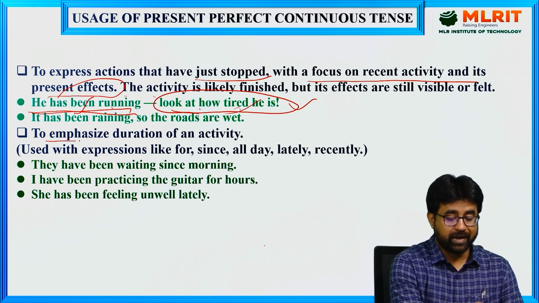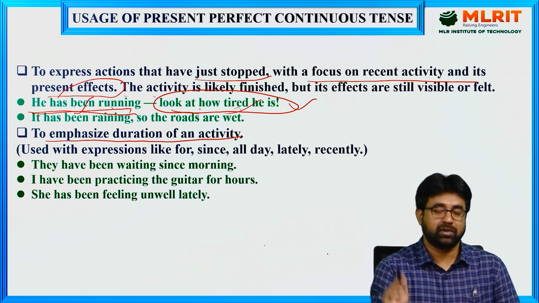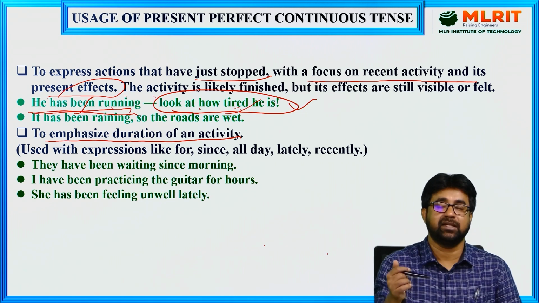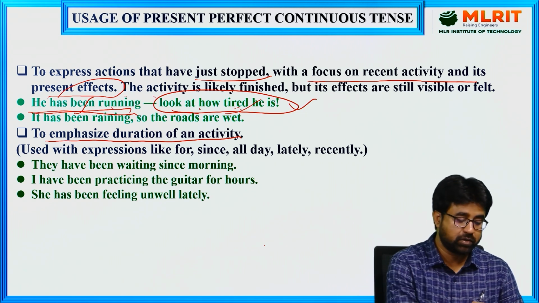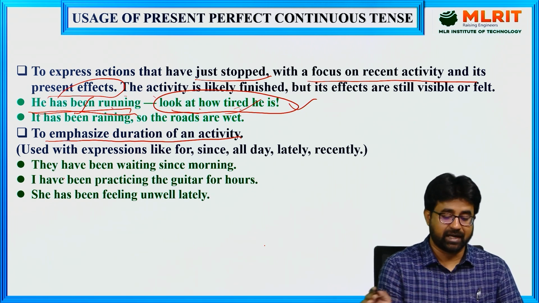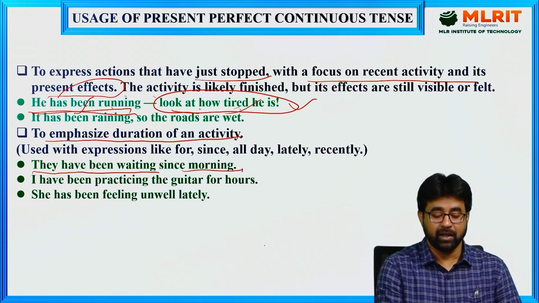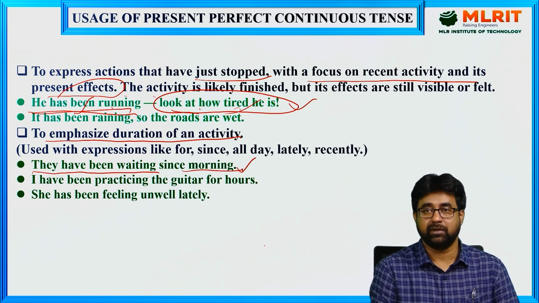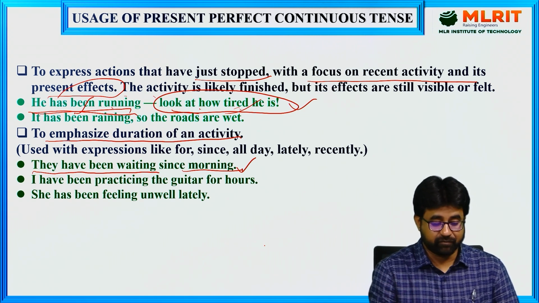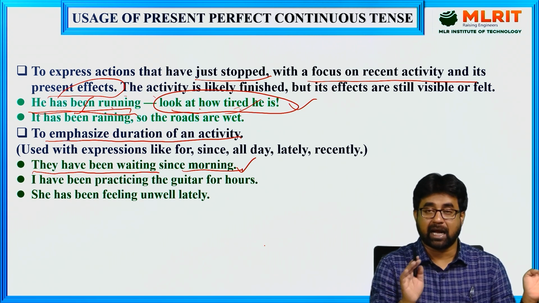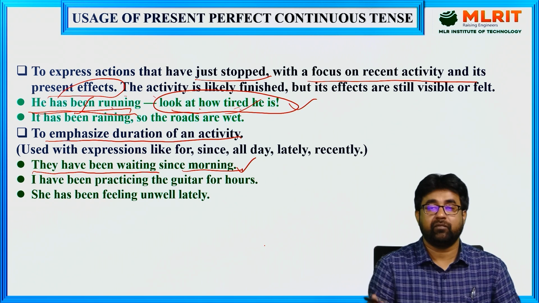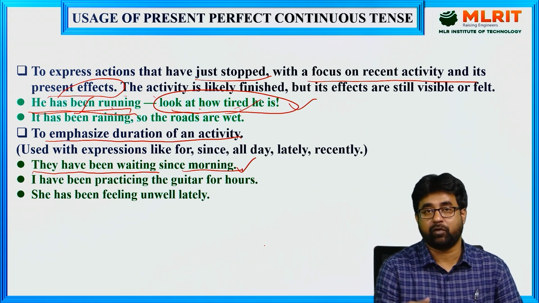Now, to emphasize the duration of an activity. So let's say my focus is to emphasize the duration of the activity, then also I can use present perfect continuous tense. See here, they have been waiting since morning. So in this sentence, my emphasis is on the fact that they were waiting, for how much time, for how long they were waiting.